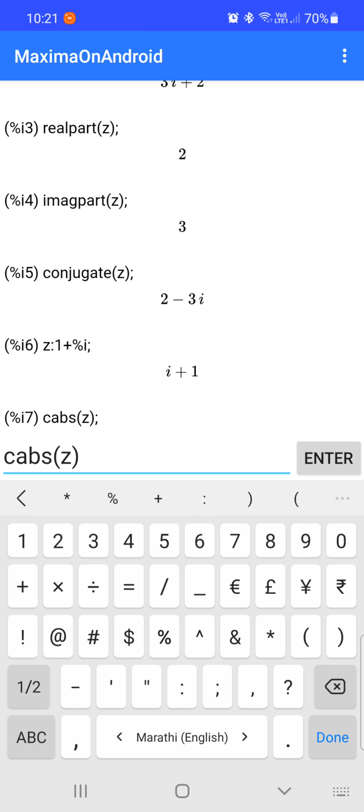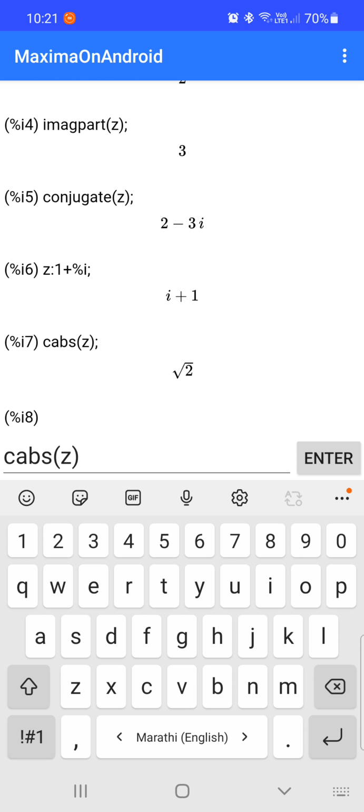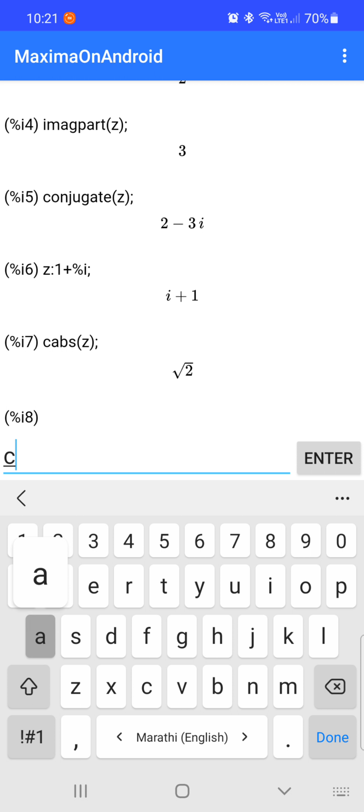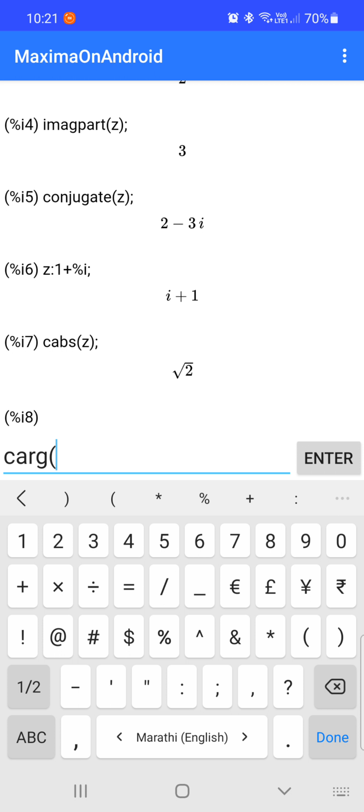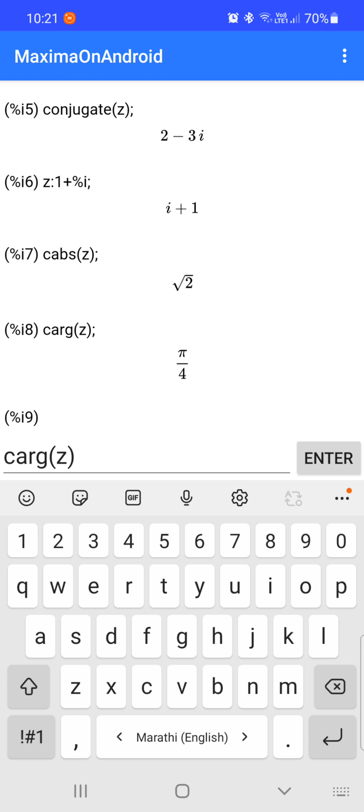So it is equal to square root 2. That is, the absolute value of z is equal to the square root of real part squared plus imaginary part squared. And to find the argument, just enter the command carg of z. We know that this complex number lies in the first quadrant, so its argument is equal to tan inverse y by x, that is tan inverse 1. It is equal to pi by 4.